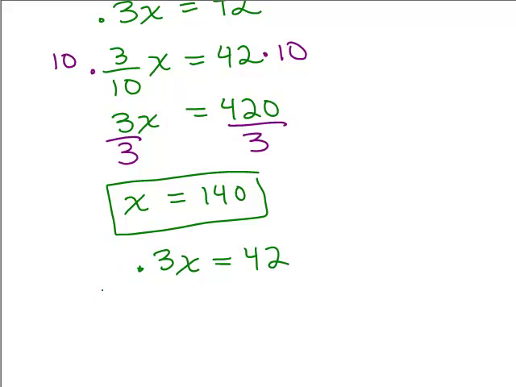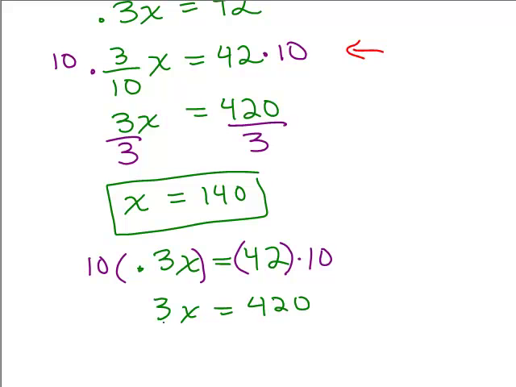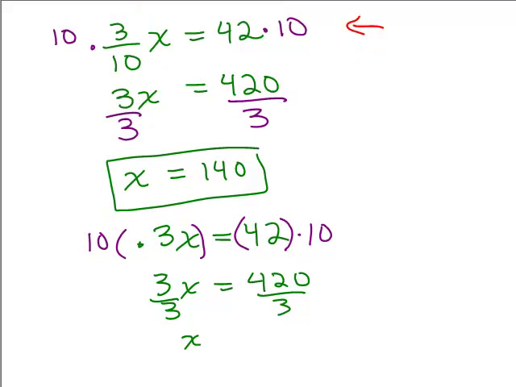So you could say, well, I'm just going to multiply both sides of the equation by 10, just like you did right there, except I'm going to write it here. I'm going to multiply each side by 10. And when you do that, you're now going to get a whole number in front of x. And then you proceed, and we keep getting x equals 140.